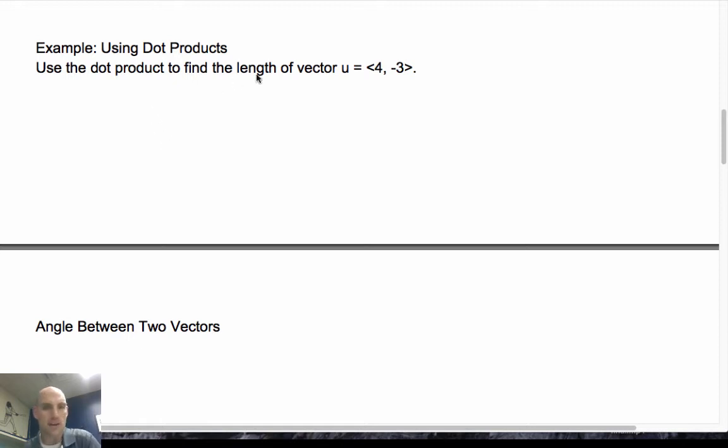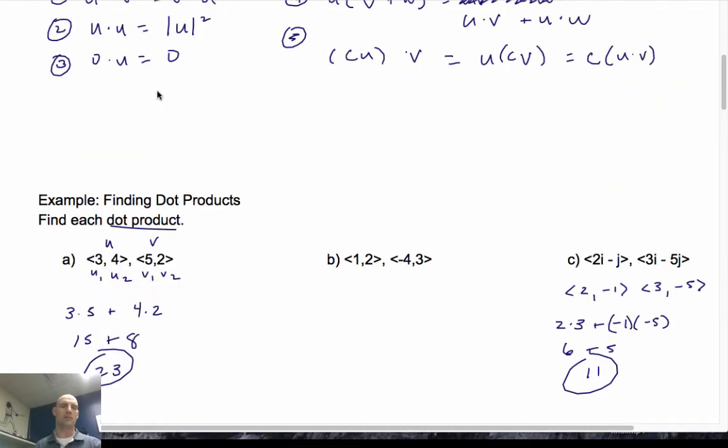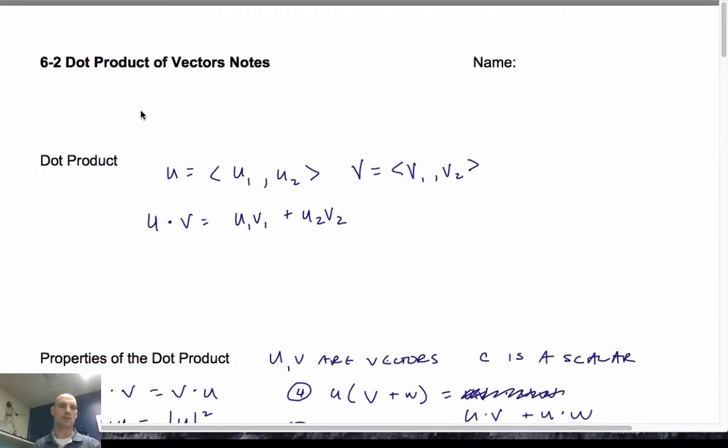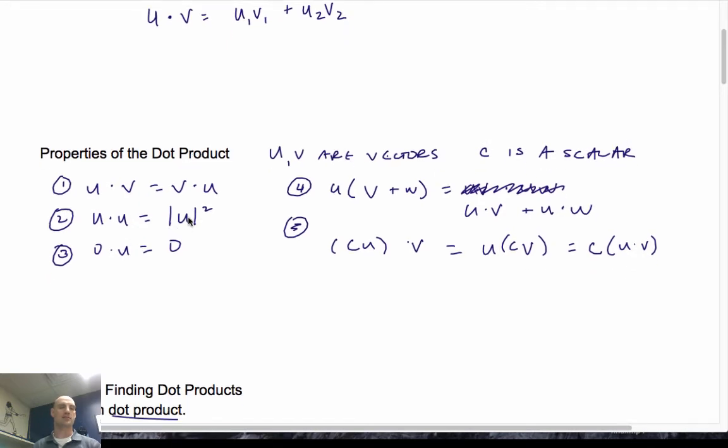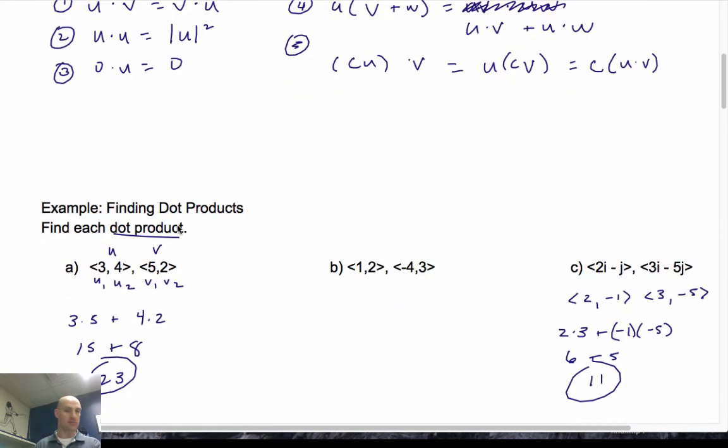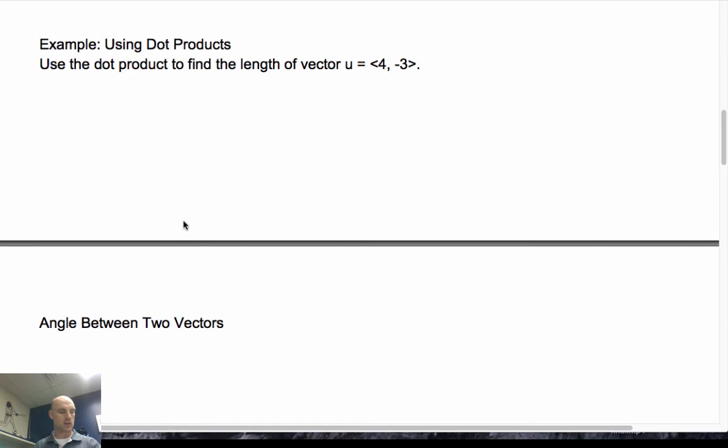Now, use the dot product to find the length of the vector 4, comma, negative 3. That goes back to this property up here, right? We had the magnitude squared: u dot u is the magnitude of u squared.